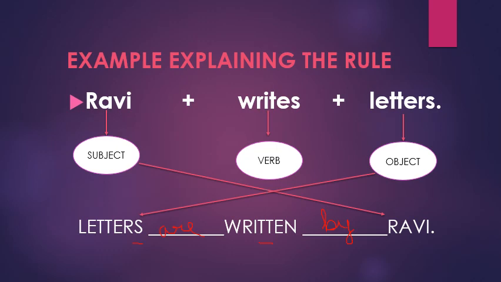If the sentence is in present tense, it will be in present tense only. If it is in past tense, it will be in past tense. So, I'm reiterating myself. Subject becomes object, object becomes subject, and the verb changes to third form. Along with that, you have to follow subject verb agreement and the preposition by.